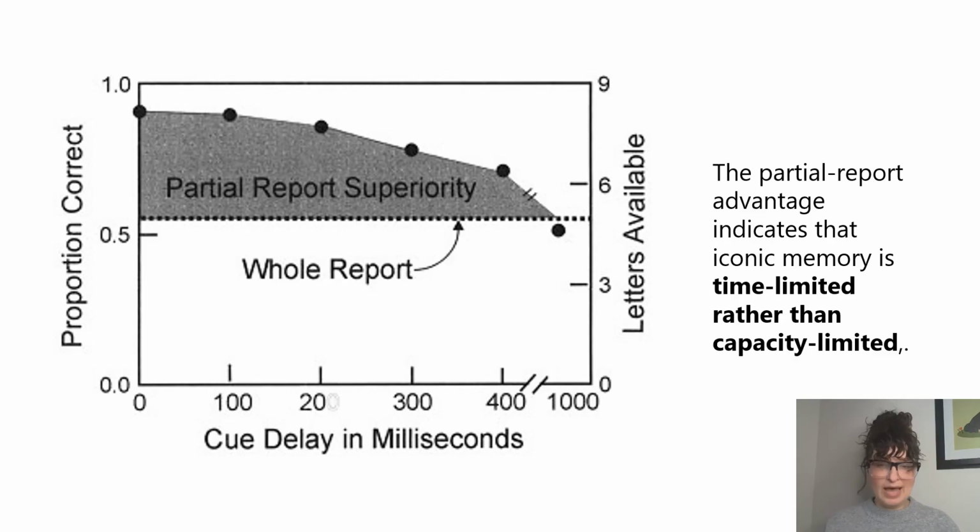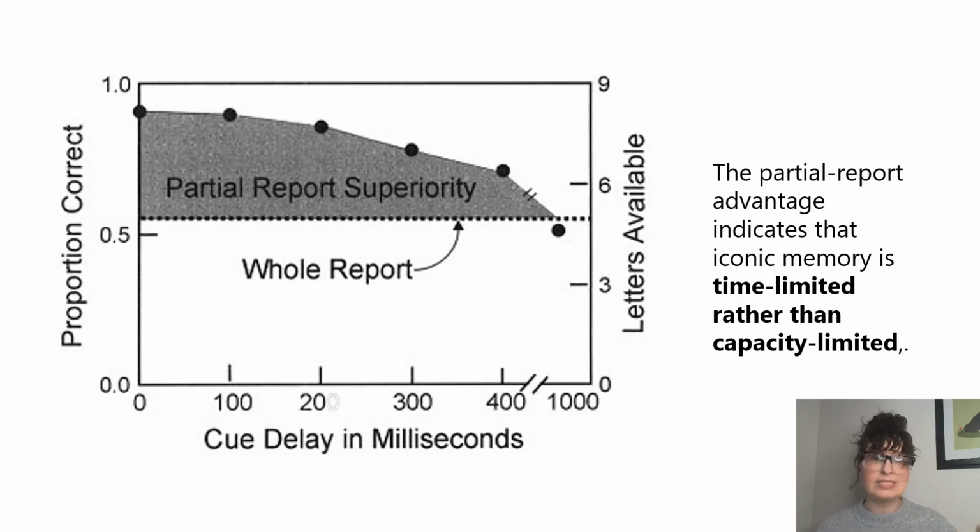Here we have along the y-axis the proportion of correct items reported as a function of the cue delay, so whether or not the cue was simultaneous with the offset of the stimulus array versus if it was delayed out to 100, 200, 300, or 400 milliseconds.